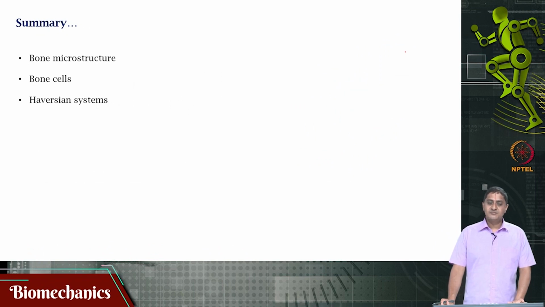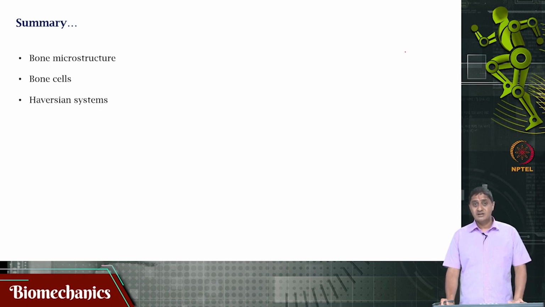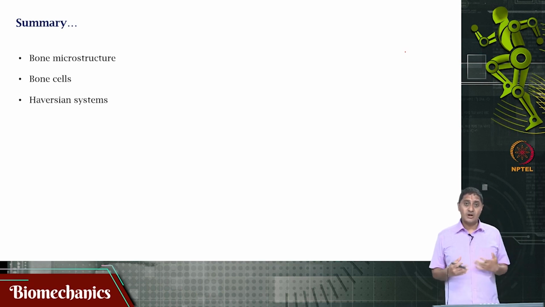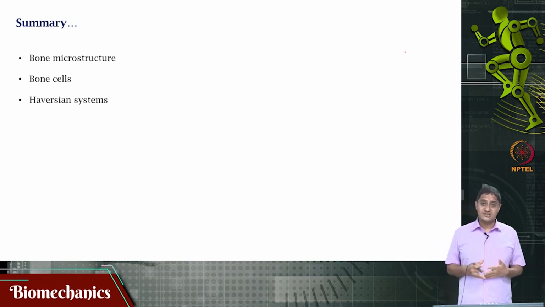In this video we looked at the microstructure of a bone, what compact bone, or cortical bone, and cancellous bone, or trabecular bone, are. We looked at the types of bone cells. Osteoblasts are the cells that divide and grow to become the mature bone cells, the osteocytes. Osteocytes communicate with other osteocytes through canaliculi.